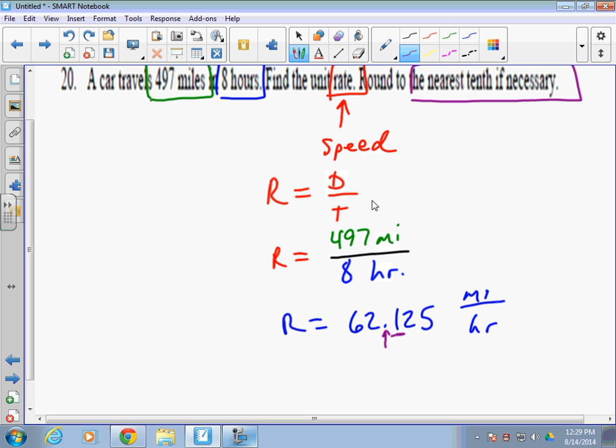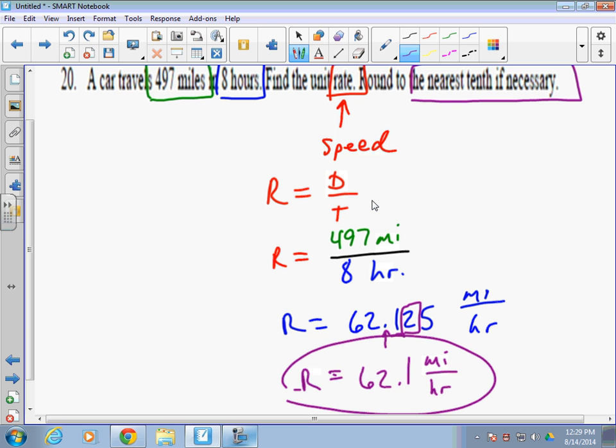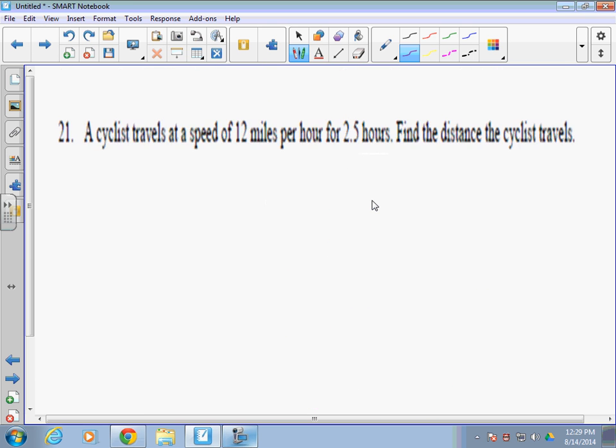You look to the number after that one to determine if we leave it as 1 or if we move up to 2. Remember, if the number were 5 or higher, that 1 would become a 2, but it is not, so our rate will stay at 62.1 miles per hour. And that was a lot of talking to get through that. Divide 497 by 8 and round to the nearest tenth.